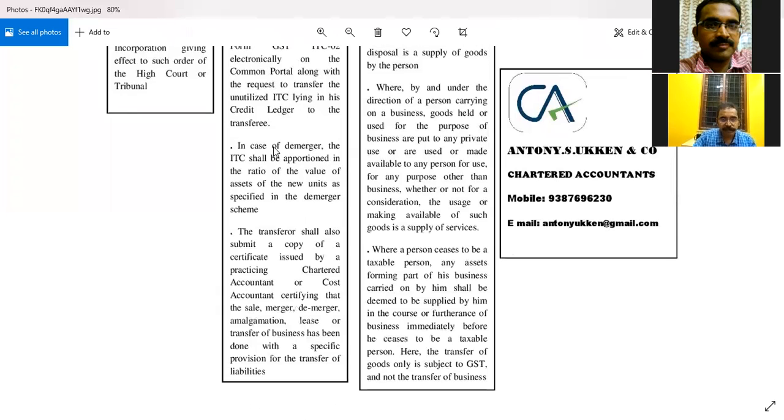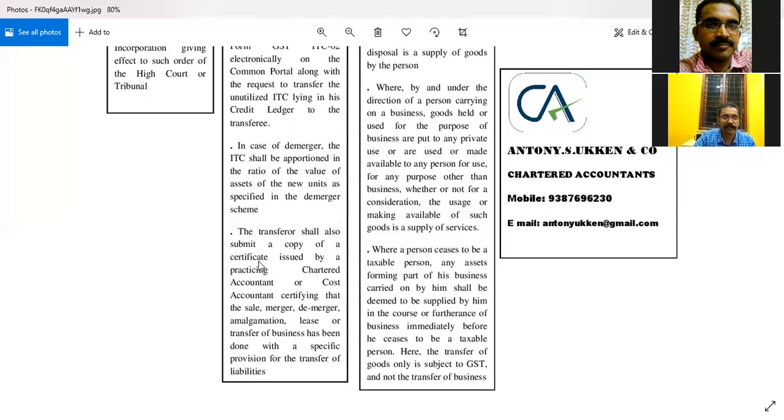In case of demerger, a special treatment will be given to ITC. The ITC shall be apportioned in the ratio of value of assets of the new units as specified in the demerger scheme.